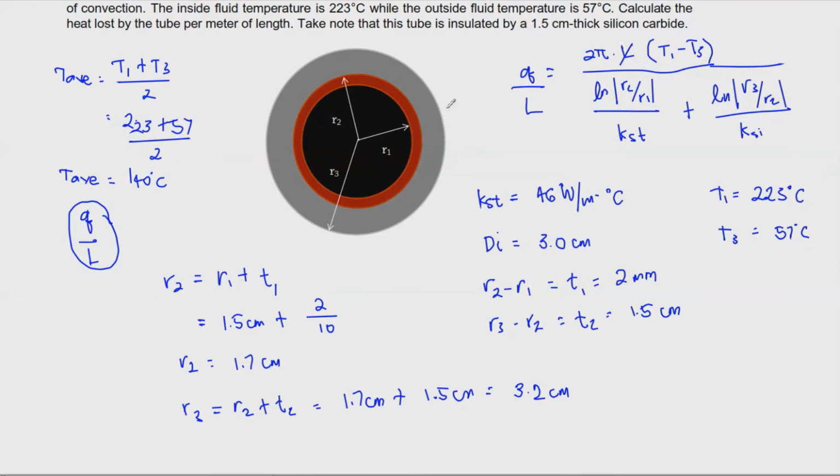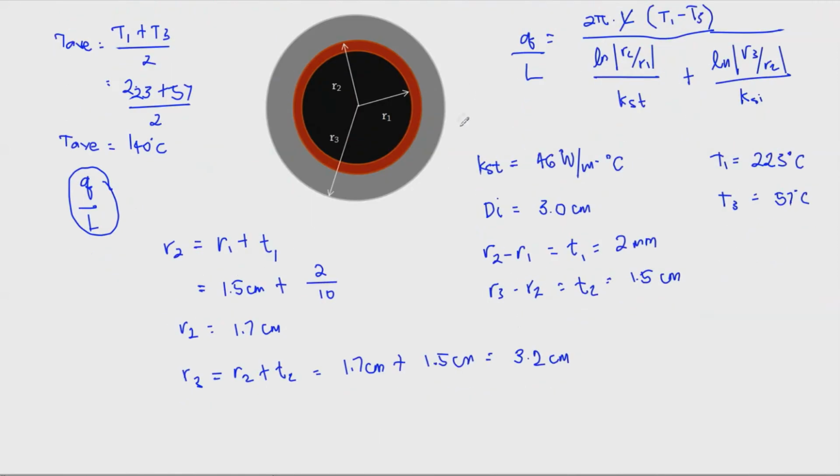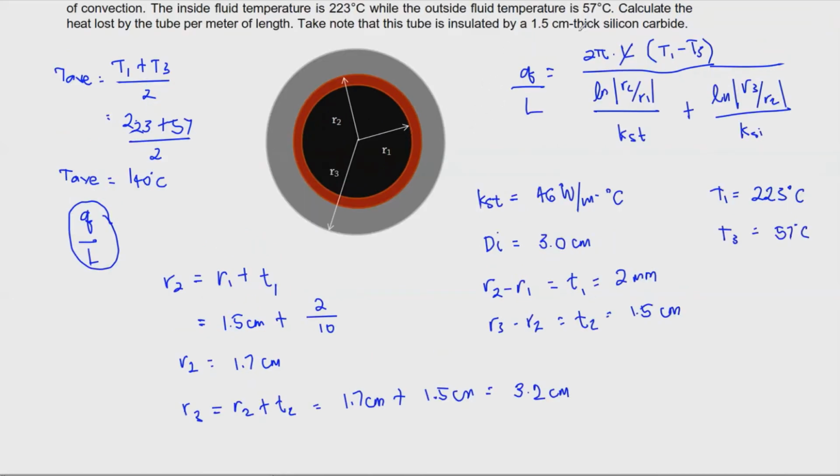First, the exposure of this silicon carbide to the outside environment, which is at 57 degrees Celsius, would give a contribution to the thermal conductivity, since this is an insulating material. As the temperature increases, the thermal conductivity also increases. So in that case, it should be increasing if we consider 57 degrees Celsius.